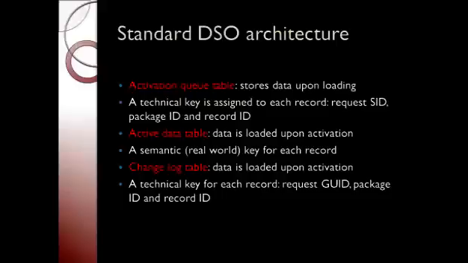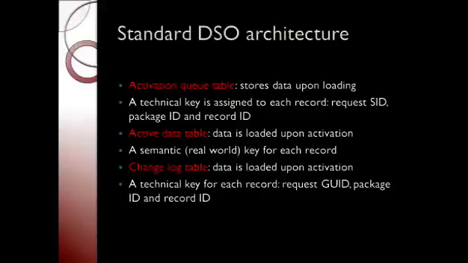But the data in the activation queue table cannot be used for processing. Okay, it has to be loaded into an active data table, and that is done after the data load is activated. Okay, so first we need to load it, and then we need to activate the data load.